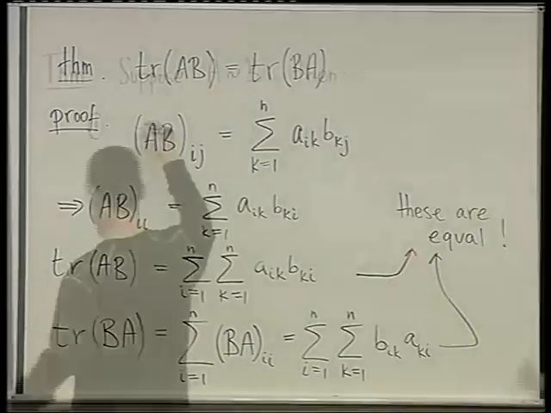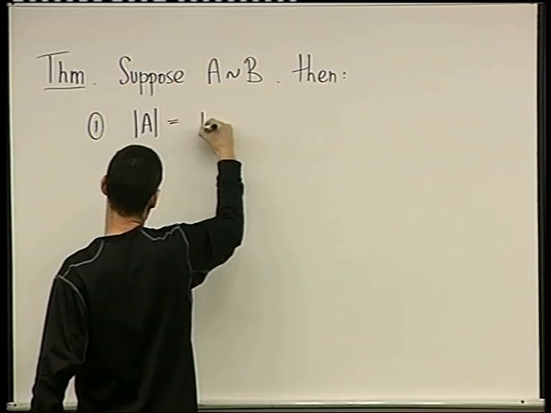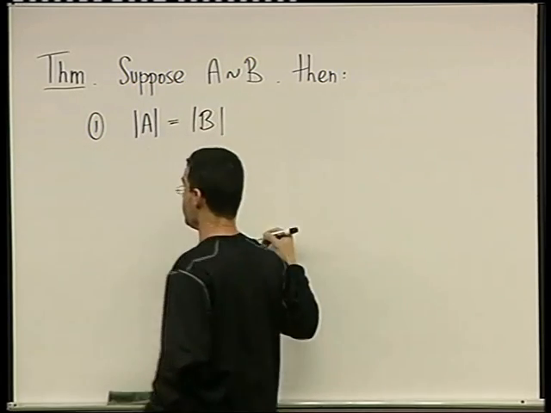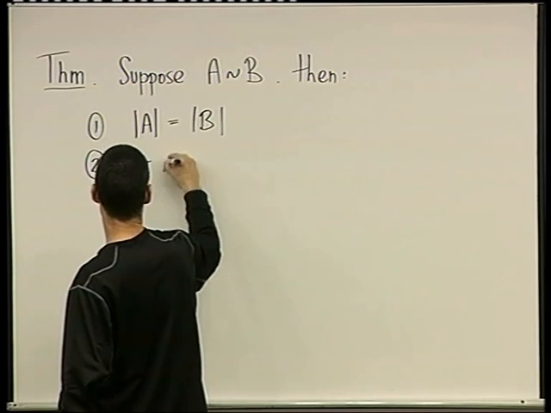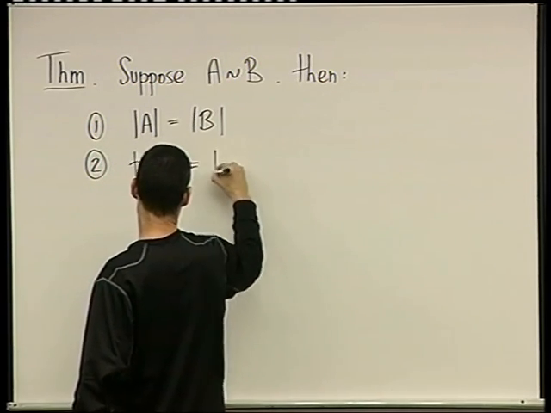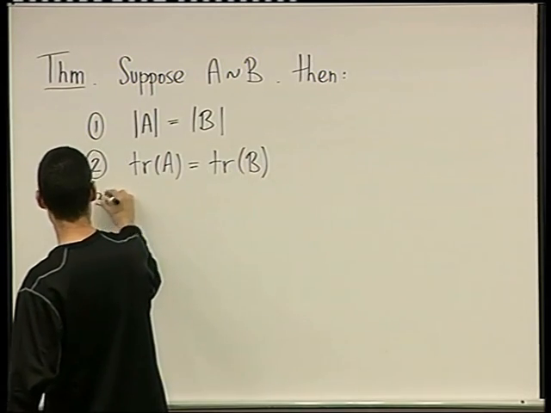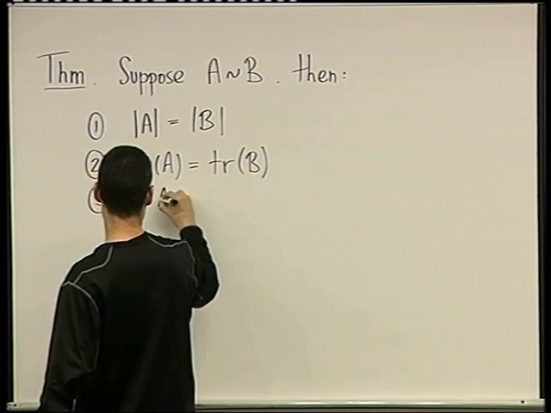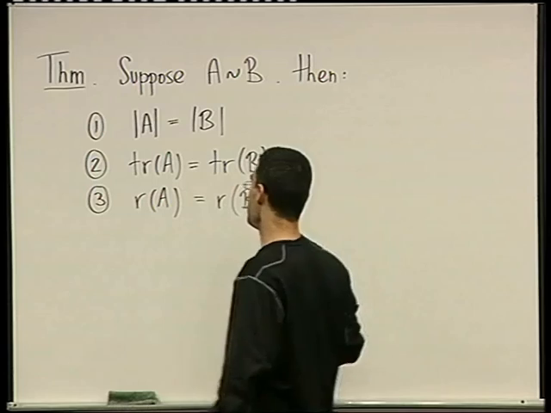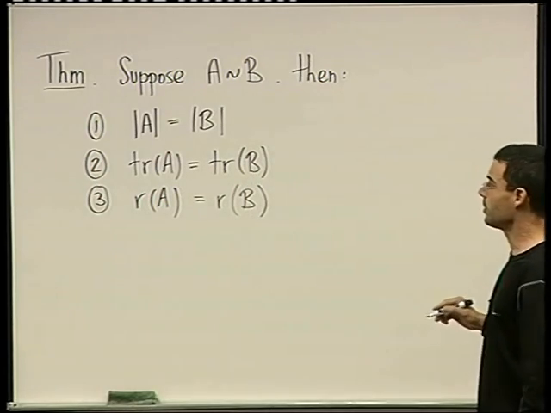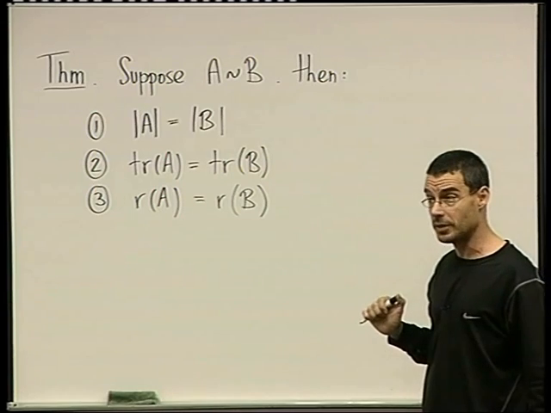Then, three things hold. One, the determinant of A equals the determinant of B. Two, the trace of A equals the trace of B. And three, the rank of A equals the rank of B. So these are the three properties of matrices that we already know that are shared by similar matrices.